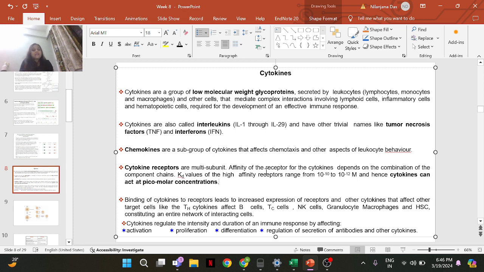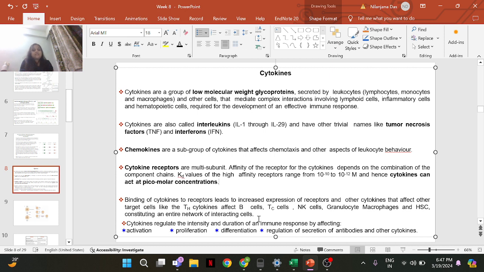So binding of cytokines to receptors leads to increased expression of receptors and other cytokines that affect other target cells, like the Th cytokines affect B cells, TC cells, NK cells, granulocyte macrophages, and hematopoietic stem cells, constituting an entire network of interacting cells.